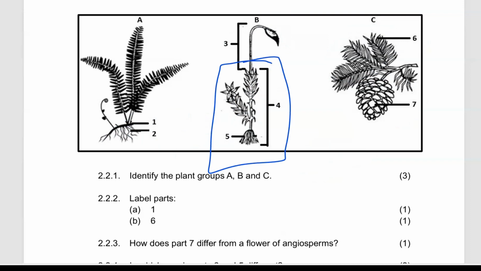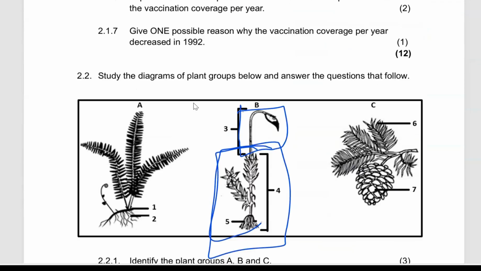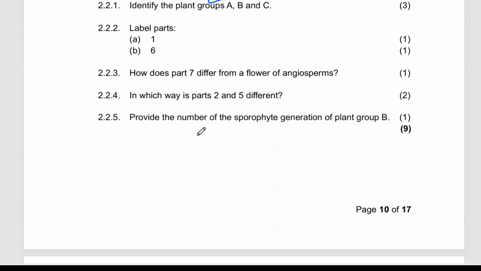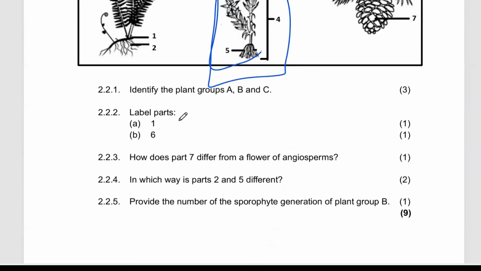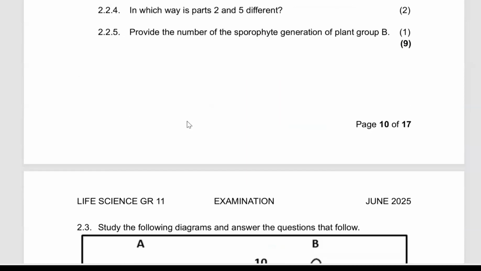So this one is the gametophyte, while this one is the sporophyte. If they are looking for the number which indicates the sporophyte generation in B, the answer is supposed to be number 3. It's not easy to find. You only find it when there is a favorable condition. While this one is easily found, therefore the dominant generation, the generation where this plant is always, is the gametophyte. So the answer here becomes 3.